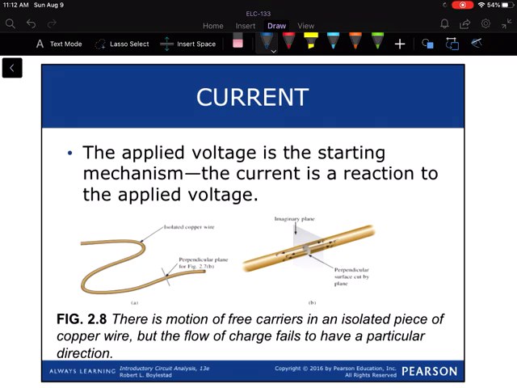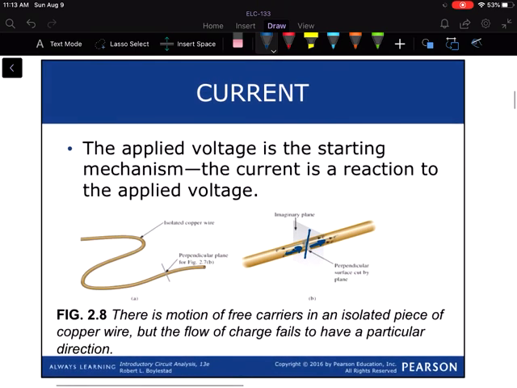So if voltage is energy that we put into the system in order to move those electrons, current is the actual flow rate of the electrons in our circuit. So if you would imagine this copper wire, if we were to dissect that wire and put this plate perpendicular to it and count those electrons as they come through this area, that flow rate happens to be the current, which we define as coulombs per second.